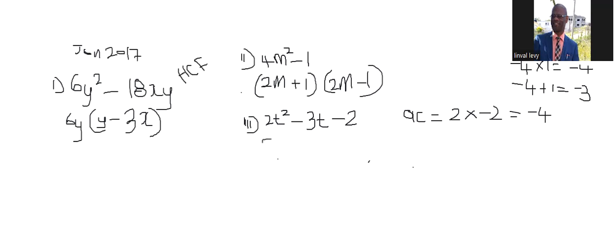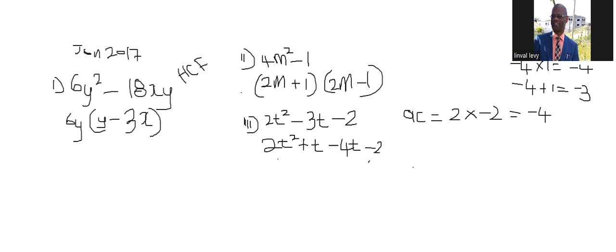So we have 2t squared plus 1t, or just t, minus 4t minus 2, right?